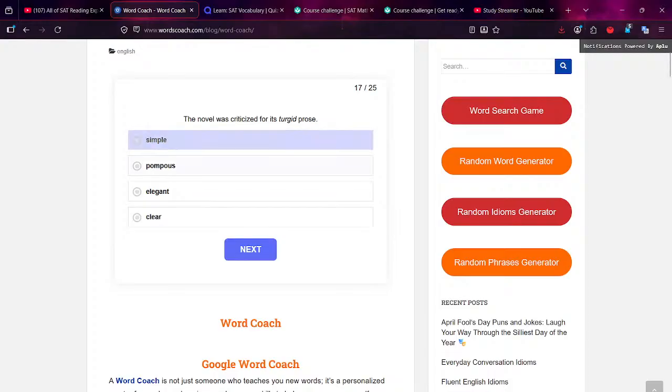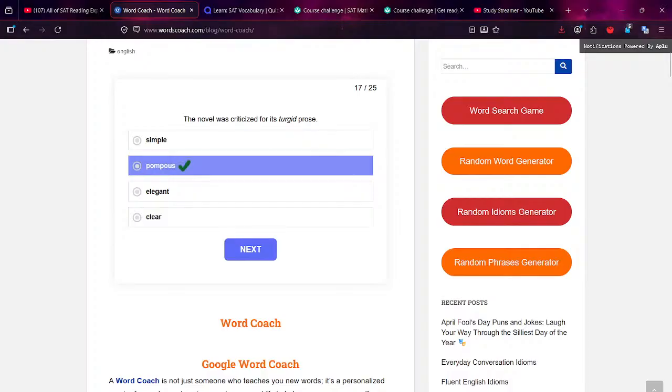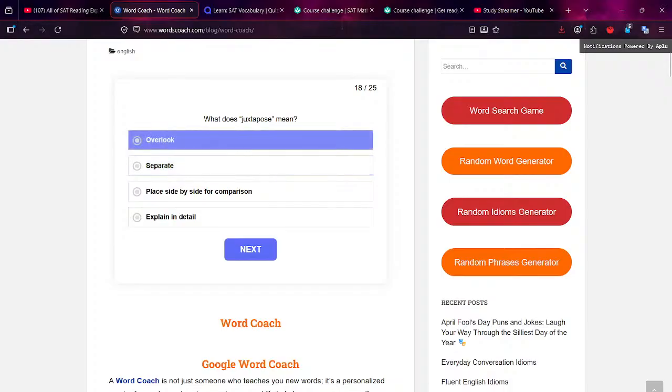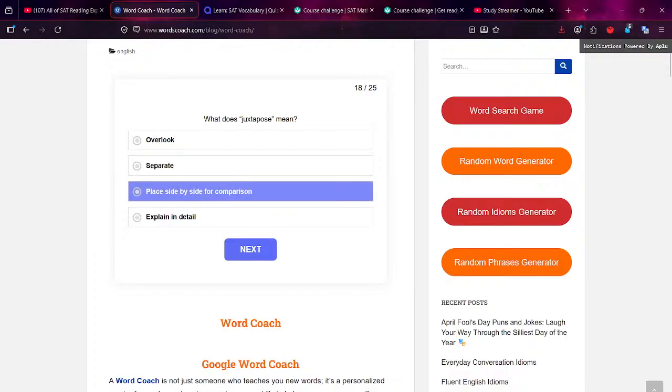Before that, I'm just going to go with pompous. Yeah, that makes sense. Okay, the definition is something that's swollen, bloated or distended, typically by fluid. So yeah, that makes sense. What does juxtapose mean? I've heard this word. Juxtapose probably means place side by side. Yeah.